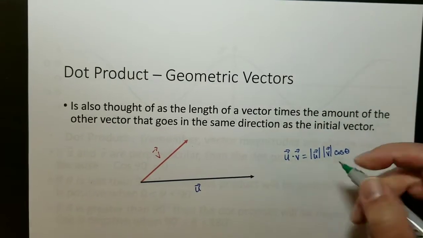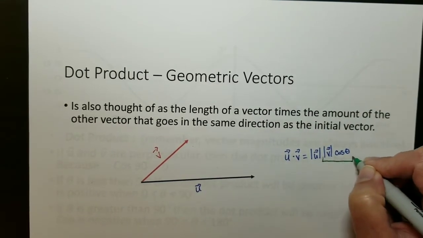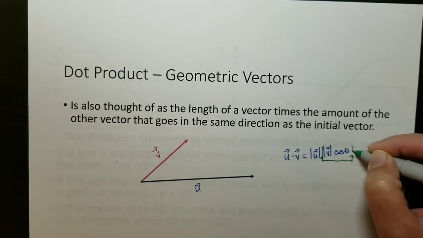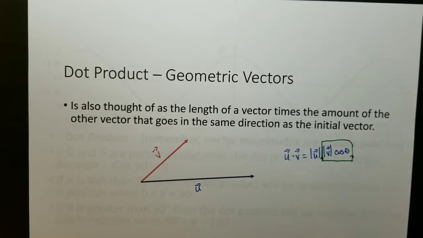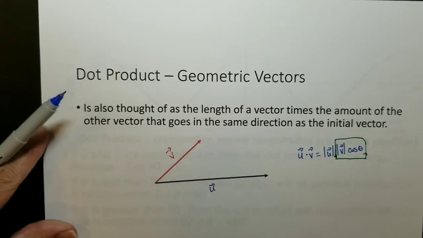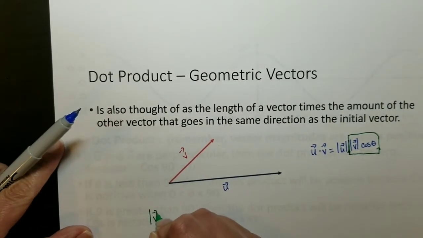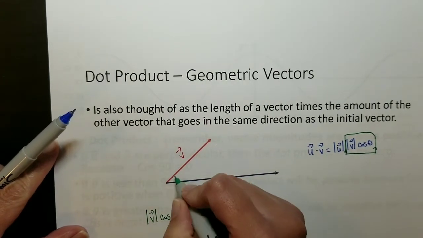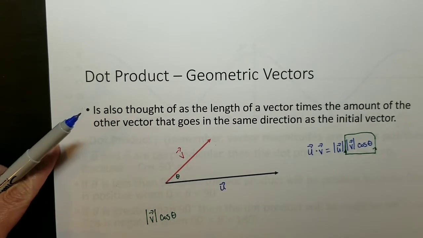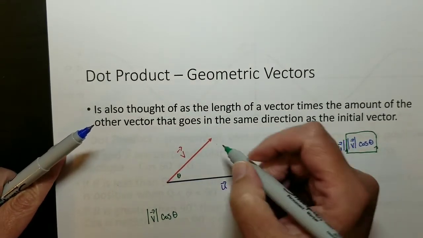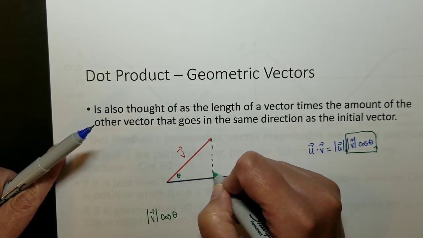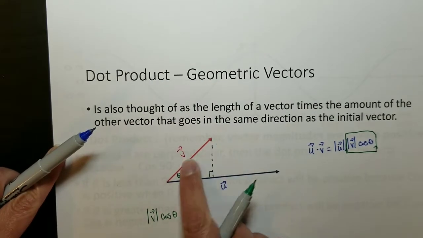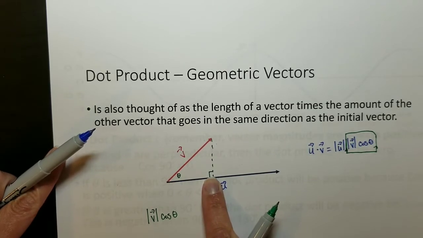I want to take a closer look at this piece here, v cos theta. What would that be? If I look at the magnitude of v times cos theta, I know my theta is here, and since I'm thinking about cos theta, it makes sense to make a triangle involving theta.